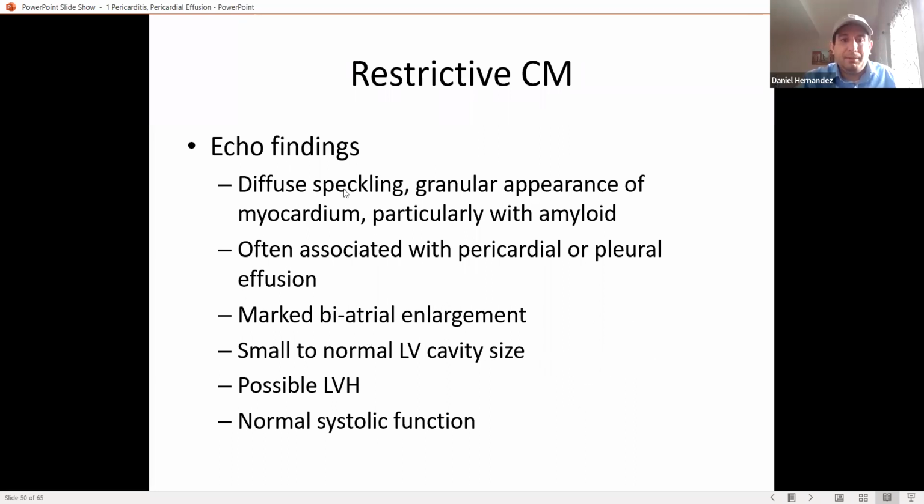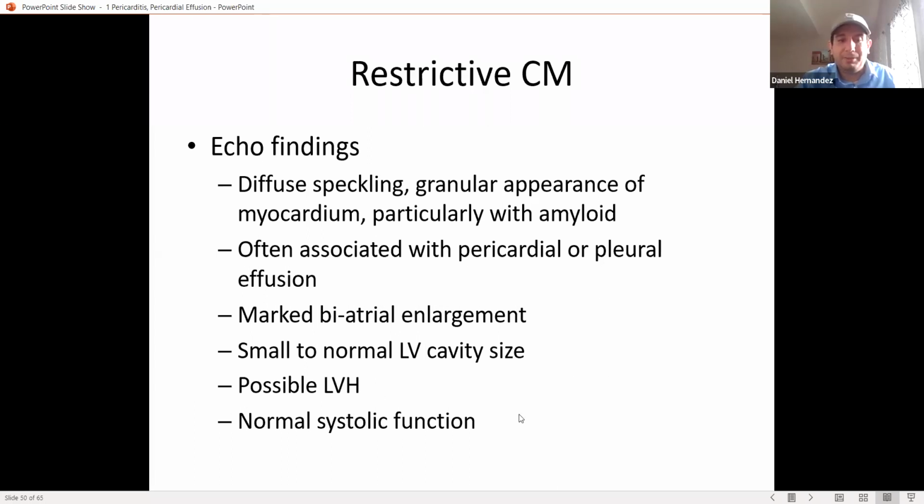Again, the myocardium takes on a speckled, granular appearance, particularly with amyloidosis. Our telltale sign is this marked atrial enlargement, with a small to normal LV cavity size, and there's the possibility of left ventricular hypertrophy due to the infiltrative nature of these diseases infiltrating the myocardium.